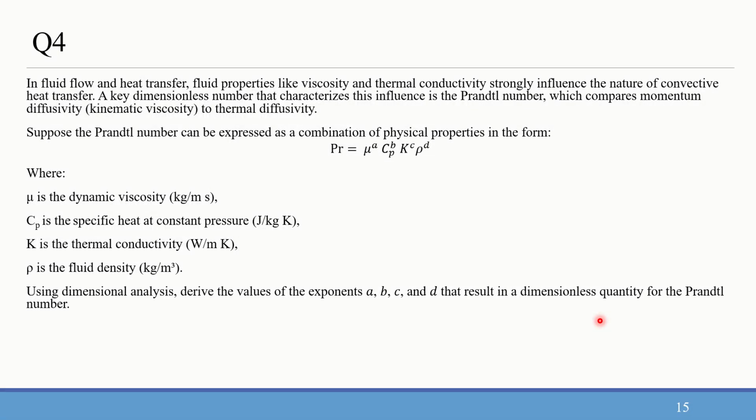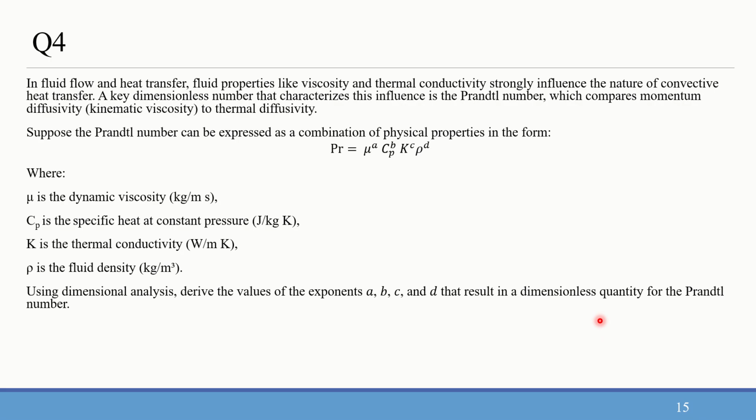Suppose the Prandtl number can be expressed as a combination of physical properties in the form Prandtl is equal to mu power a, Cp power b, k power c, rho power d. So mu is the dynamic viscosity, Cp is the specific heat at constant pressure, k is the thermal conductivity, and rho is the fluid density.